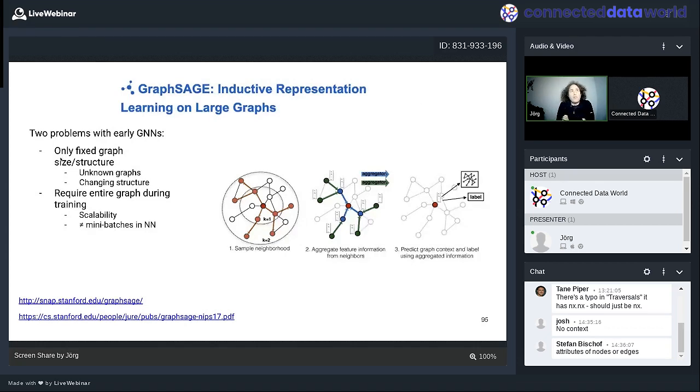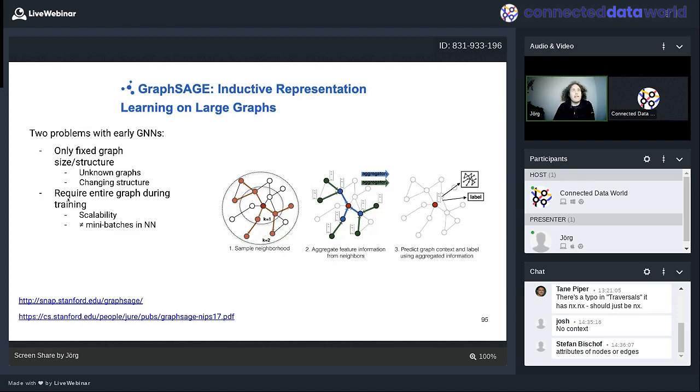One of the major problems with early GNNs, and we already picked them out earlier, is that they only worked with fixed graphs. So as soon as we change the graph, we would have to update it. So how can we learn on an unknown graph or a changing structure? Take again LinkedIn, where we get more and more nodes added over time.